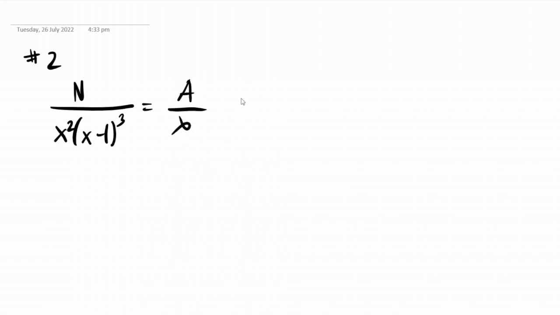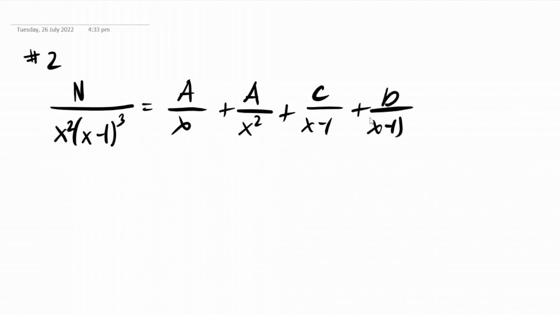So plus 2 reaches its exponent, plus c over x minus 1 plus d over x minus 1 squared plus e. I'm sorry, this is b.